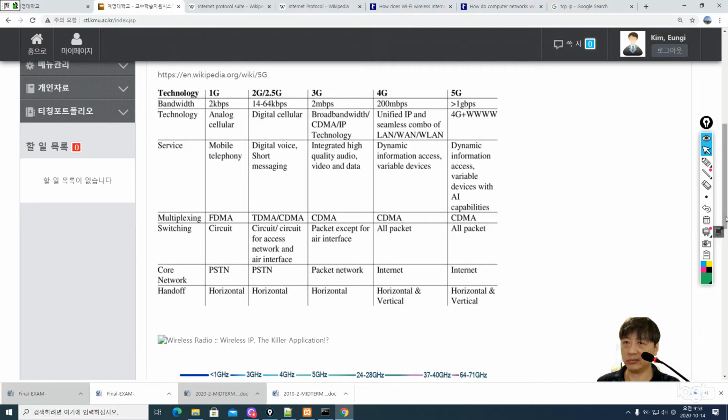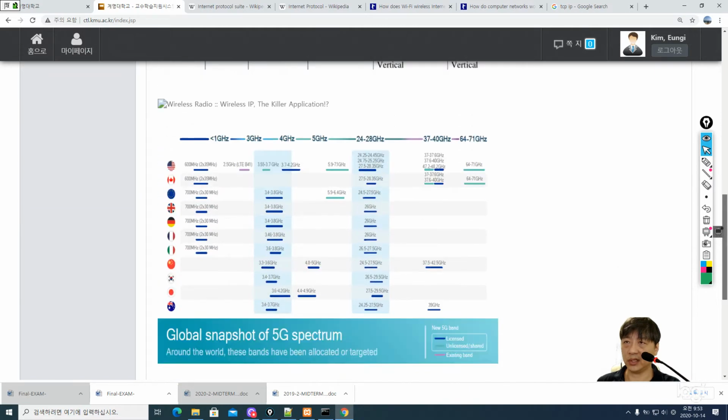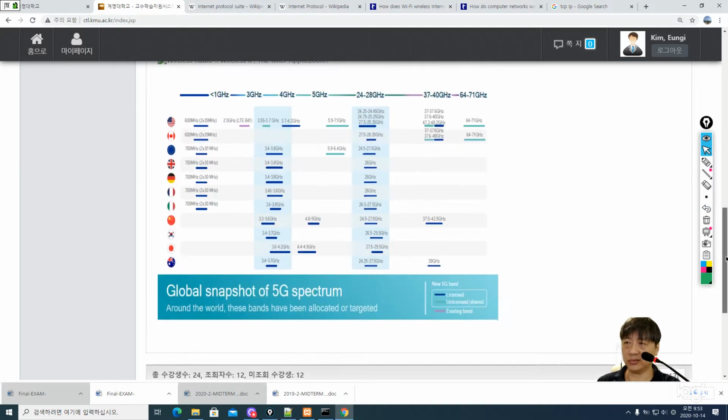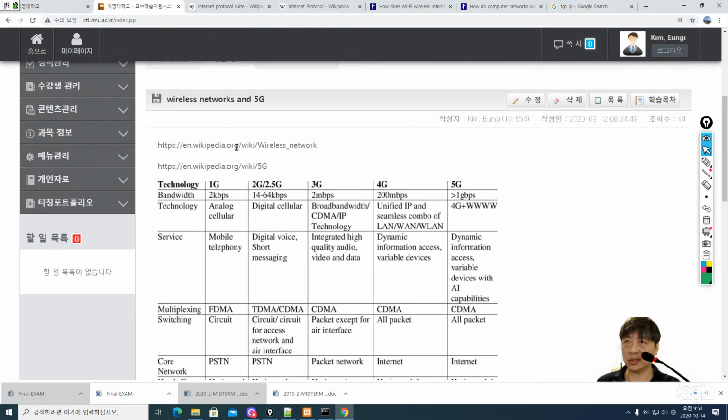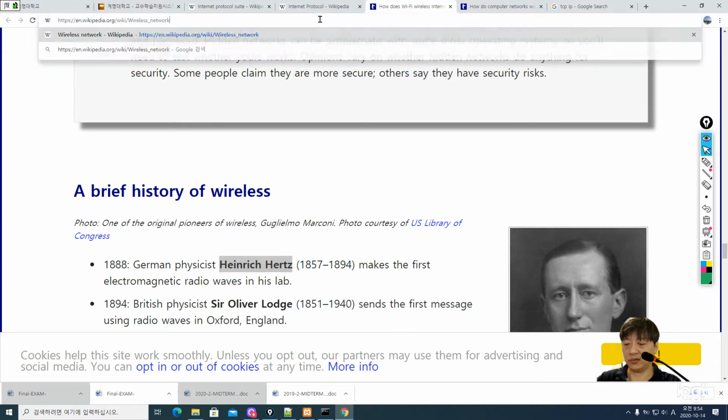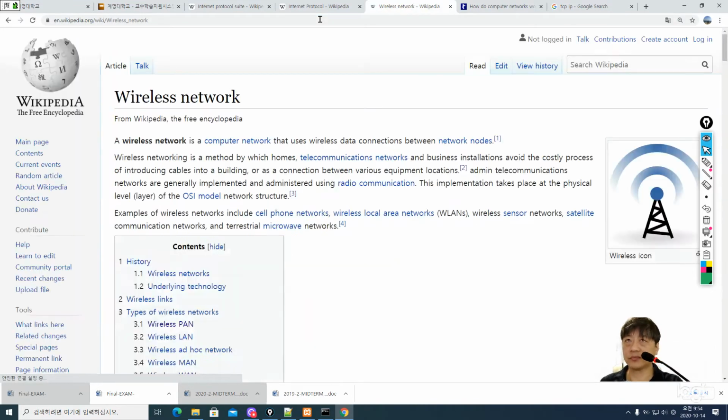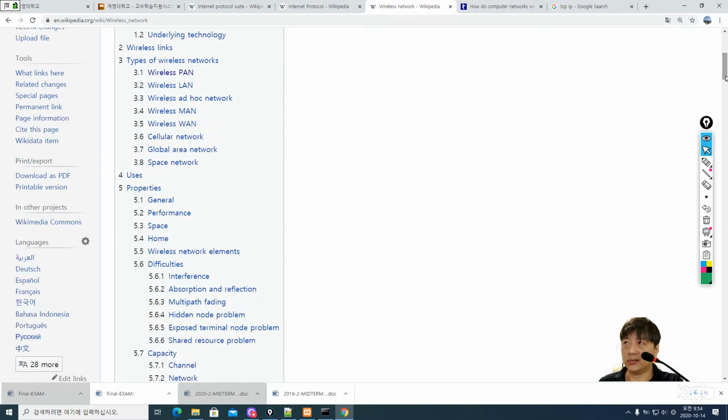some other characteristics. Now I told you about South Korea, different frequency ranges that we use. We discussed that. And then the wireless networks. I think we did that one, the first one. Okay, and here are different characteristics of different types of wireless area networks.